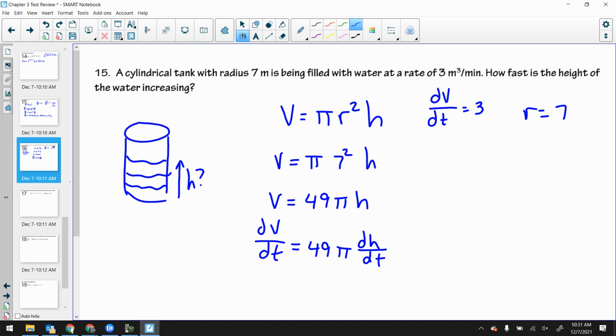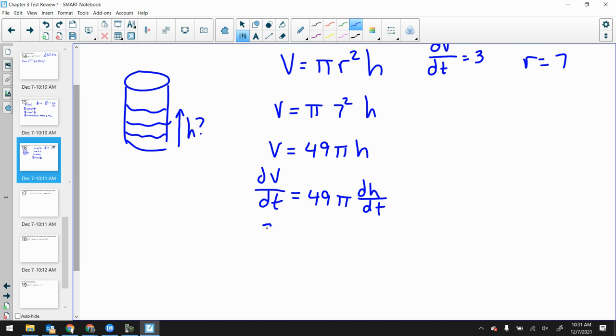And I know dV/dt, so it's 3. So 3 equals 49 pi dh/dt. Okay, I divide over the 49 pi. 3 divided by 49 pi is going to be dh/dt.